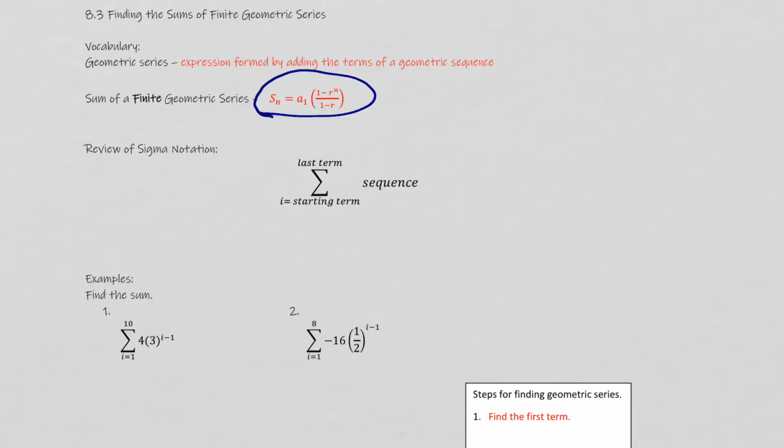Okay, so again, when you see it in sigma notation, that's like the number of terms up there, and the starting term is usually 1, and then the sequence is your geometric sequence, which is usually in the form of the first term times the ratio to the n minus 1 power.